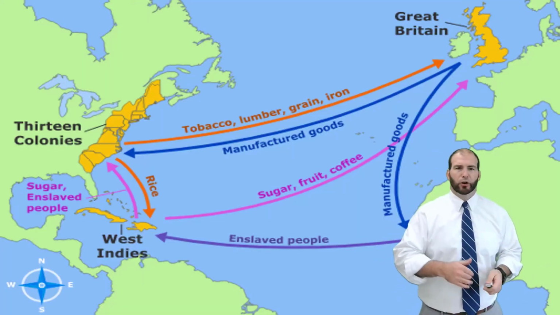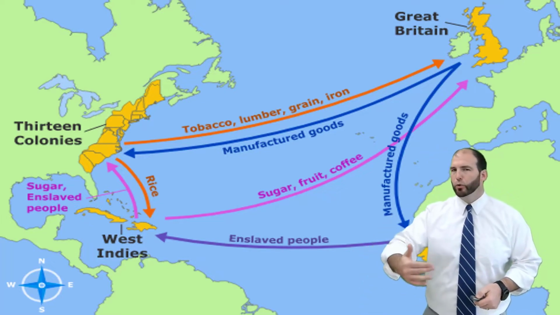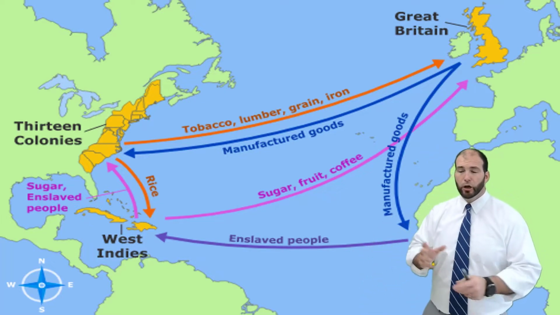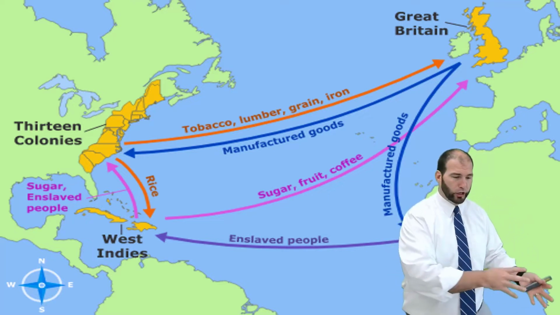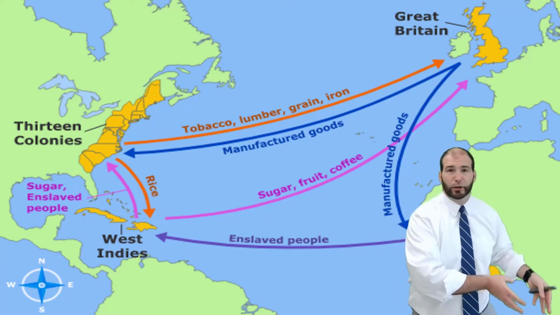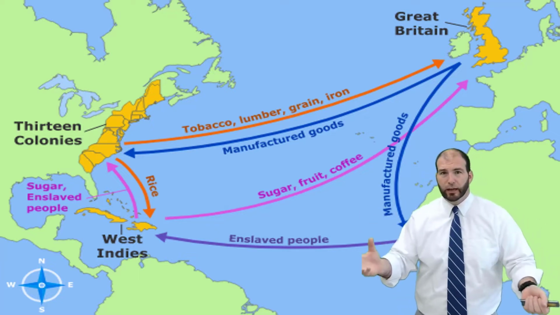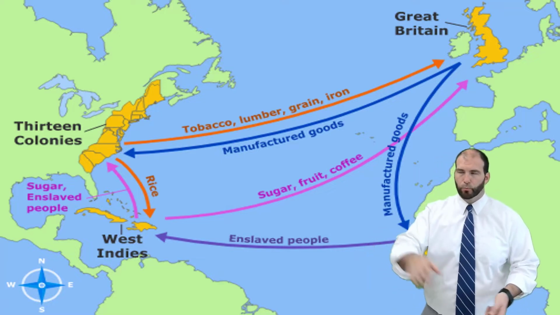It was very common for the colonies to not do what they were supposed to when it came to trade. Colonists were required to ship all of their goods that they produced in the colonies, specifically tobacco at the time, to England so England could sell it, all right? And that was the rule.